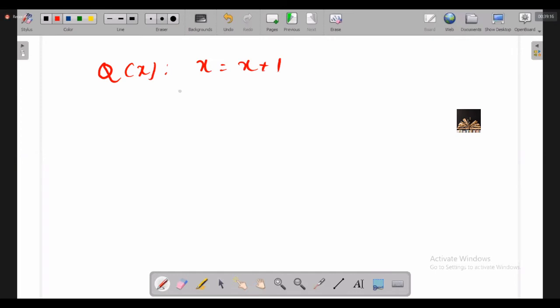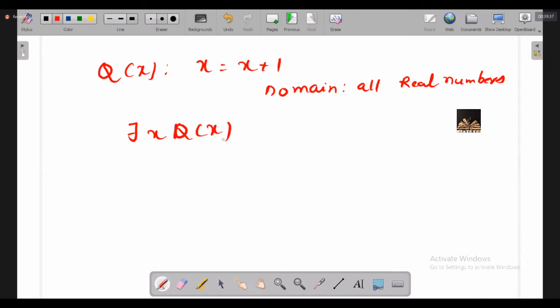Here the domain is all real values. There exists x, Q of x: true or false? x is equal to x plus 1, for all real numbers. Is it true or false? Respond in the chat box.